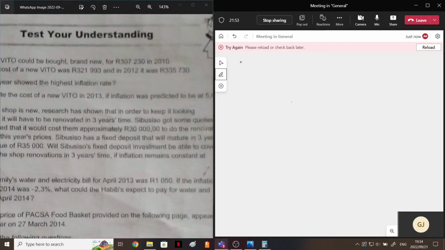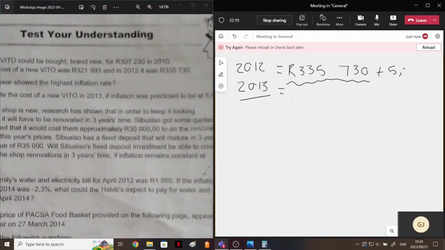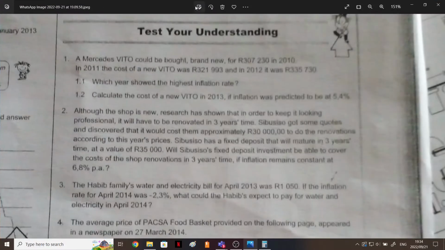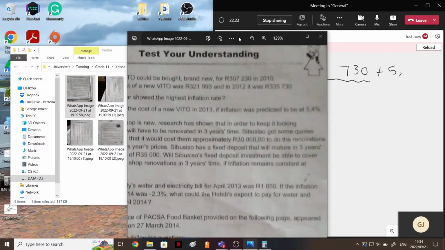So they want to know what the price of the Vito would be in 2013, but we already have the price of the Vito for 2012, which is 335,730. Now, to calculate the new amount for 2013, we need to increase the price of the previous year by 5.4%.